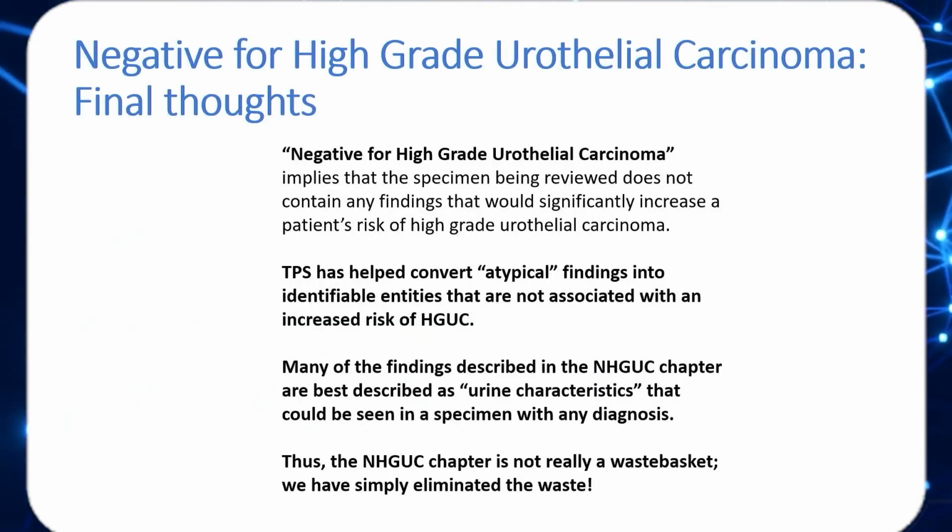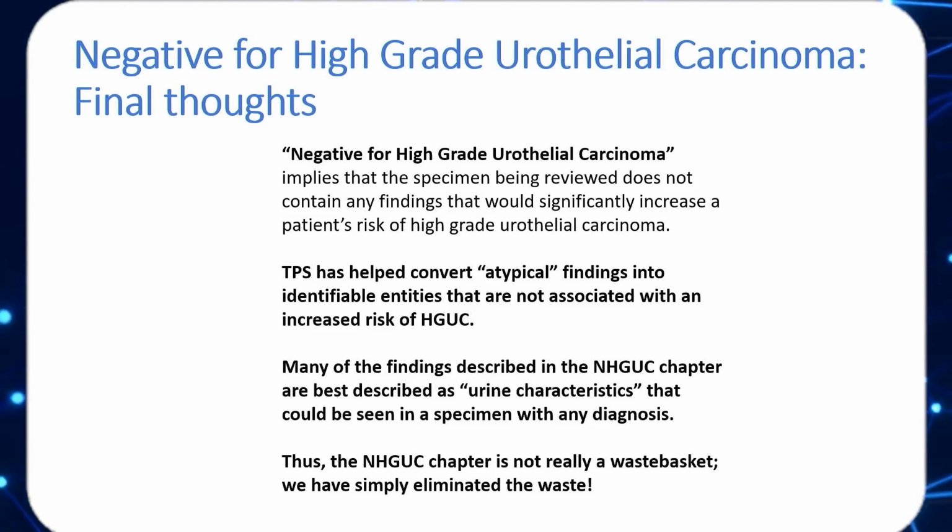So this is a summation of the negative category. Final thoughts: this implies that the specimen being reviewed does not contain any findings that would significantly increase a patient's risk of high-grade urothelial carcinoma.